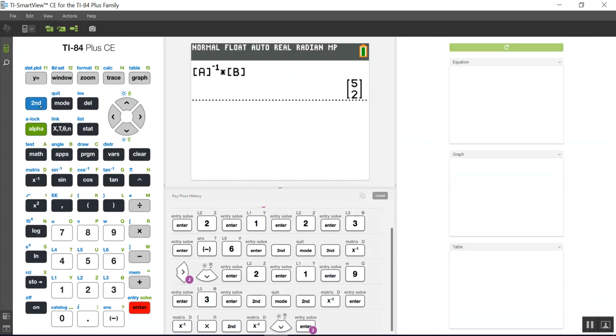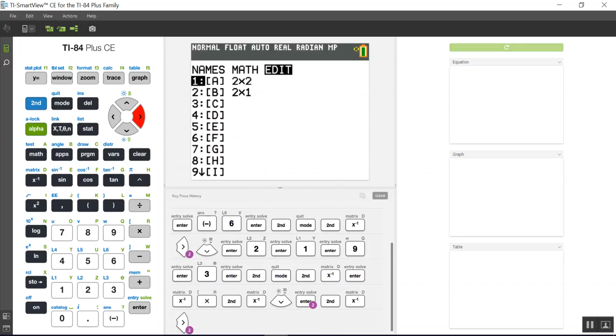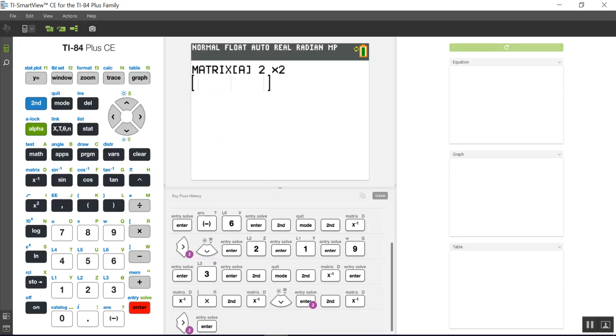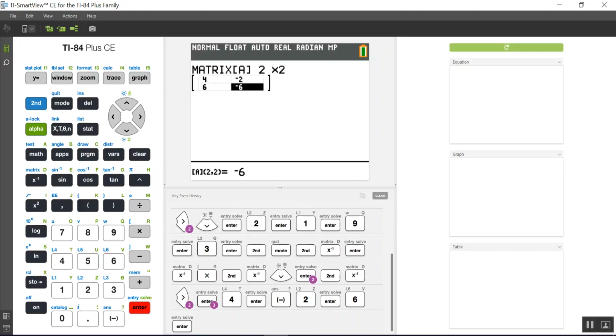Okay, so let's go back to matrix. And I want to edit matrix A. And this one is going to be a 2 by 2, so I'm fine. But the values I need in there are 4, -2, 6, and 9.